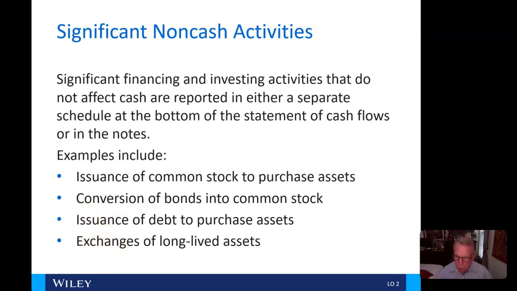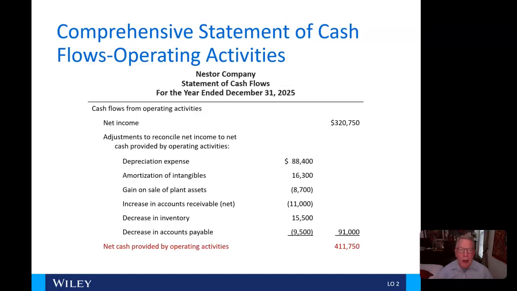Some examples would be we issue some common stock to purchase assets, we convert some bonds into common stock, we issue debt to purchase assets, and we might exchange some long-lived assets. None of these transactions involve cash, so you're only going to find them if they're disclosed under full disclosure in our notes, usually.